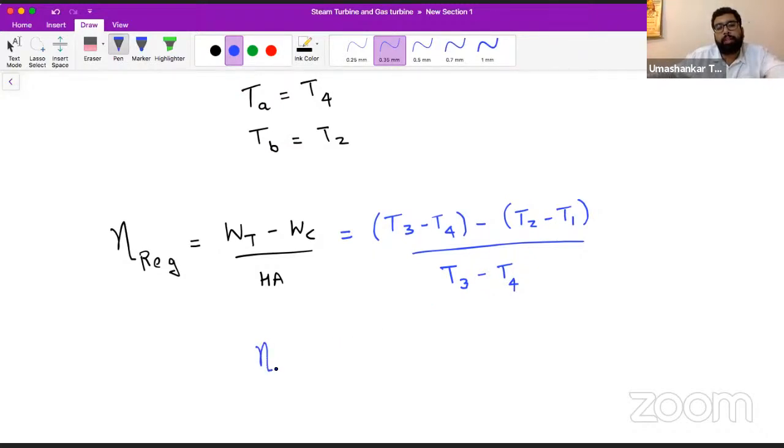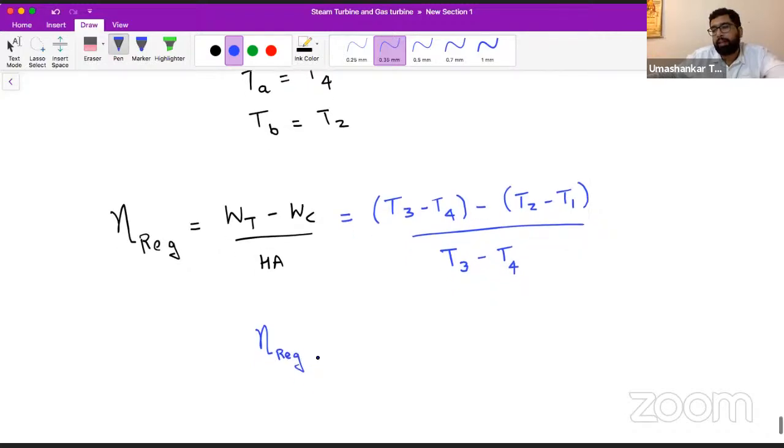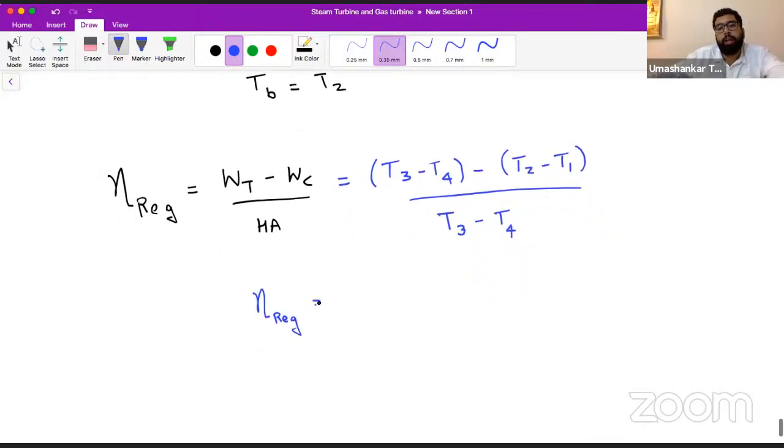So with regeneration, let me call the efficiency as this REG. So can we write the efficiency like this?